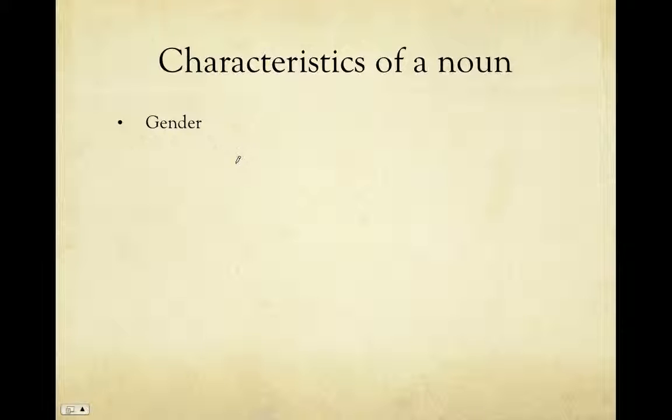Every noun you run into in a sentence is going to have a particular gender. Latin has three genders of nouns. These are grammatical genders. The first is masculine. The second is feminine. And the third is neuter. The genders aren't going to change with a noun.